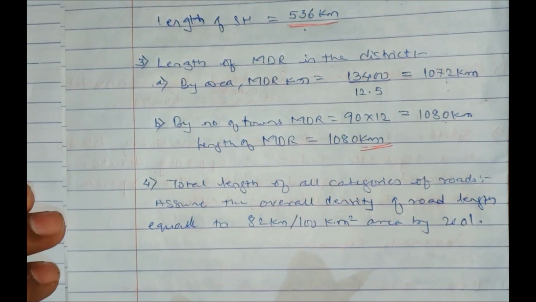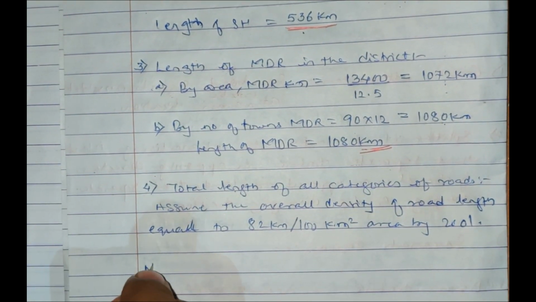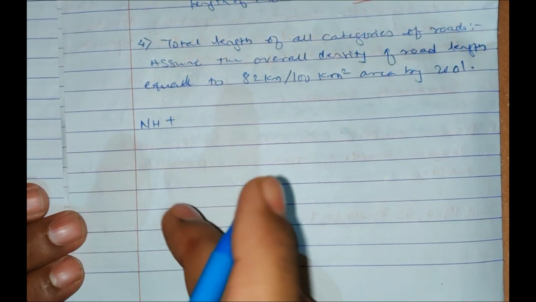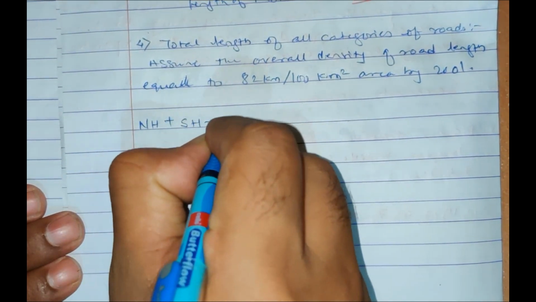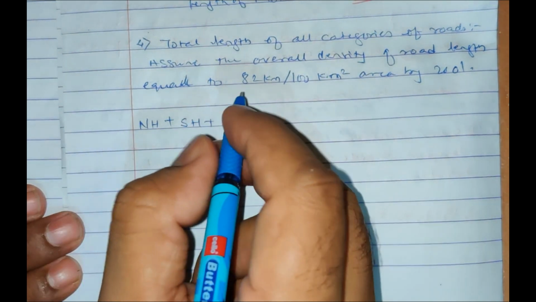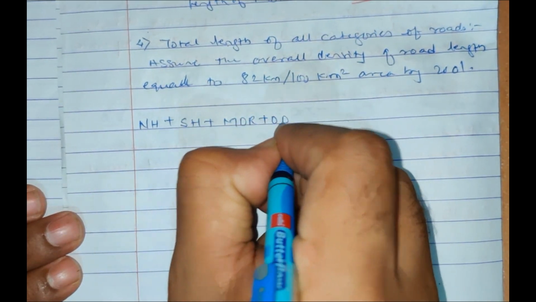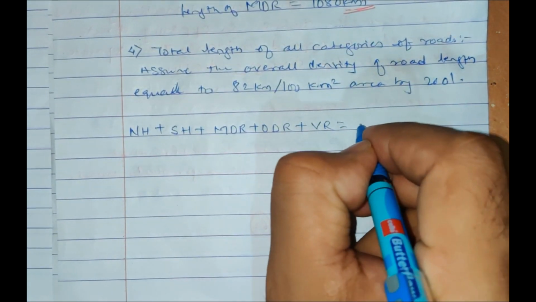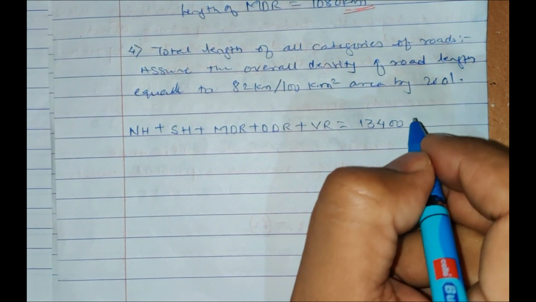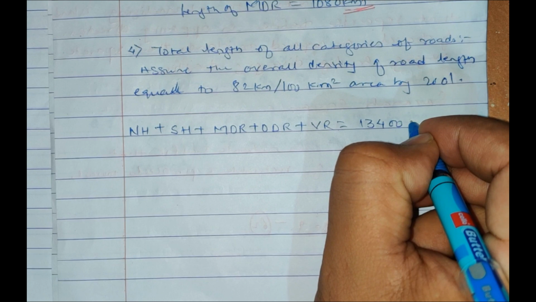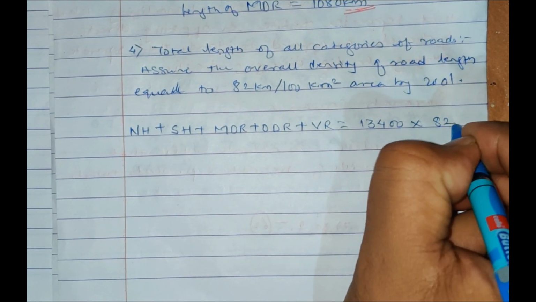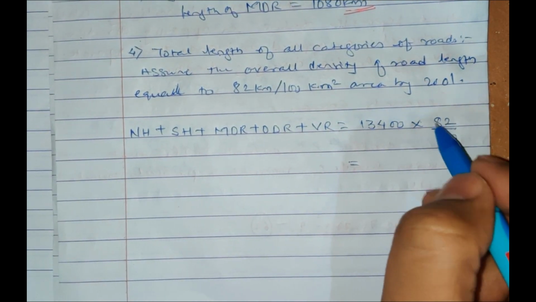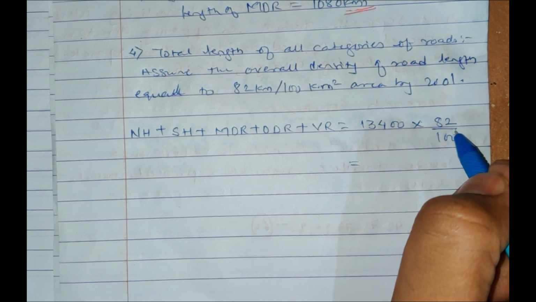So hence, National Highway plus State Highway plus Major District Road plus Ordinary District Road plus the Village Road will be equal to 13400 multiplied by 82 divided by 100. 82 is the density of the road per 100 square kilometers of area.